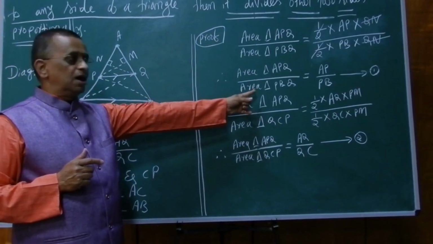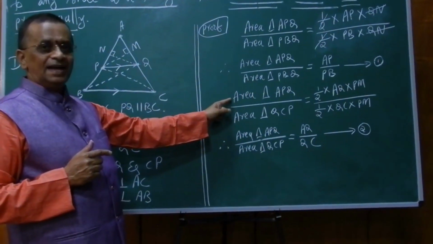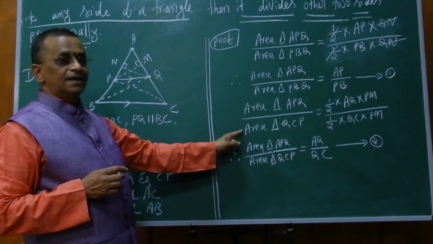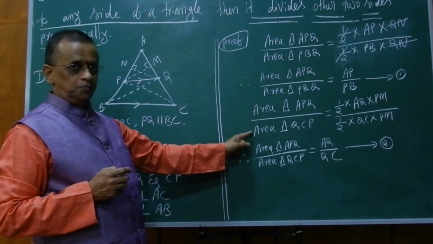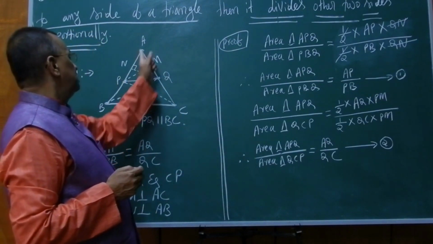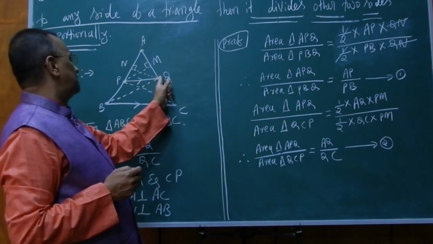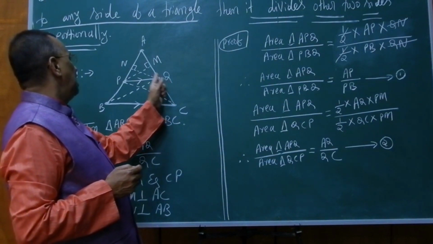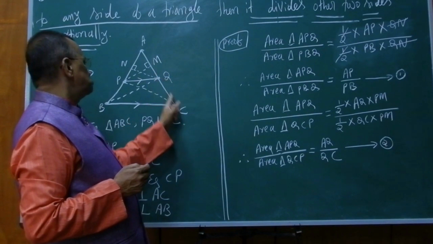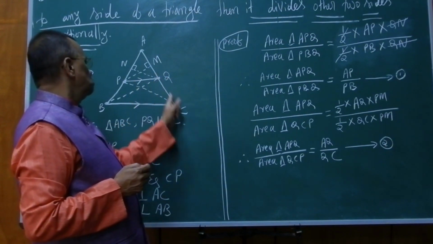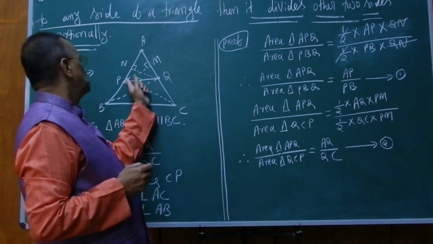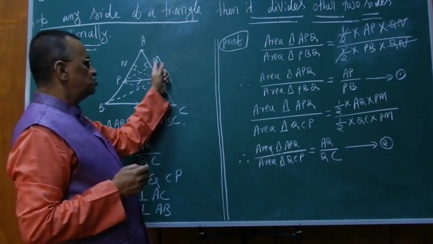After equation 1, we take once again area of triangle APQ over area of triangle QCP. Here in triangle APQ, we take AQ as a base, therefore the height becomes PM, and in triangle QCP, we take QC as a base and hence the height becomes PM itself.